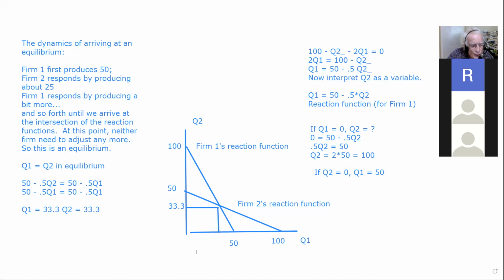Right there. So now you can determine the market price as well.